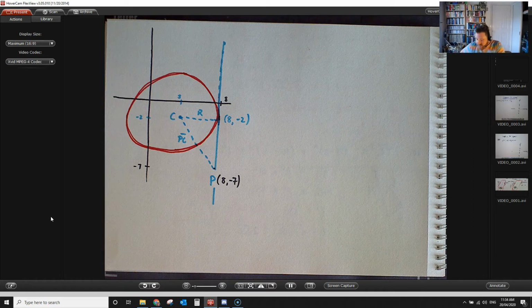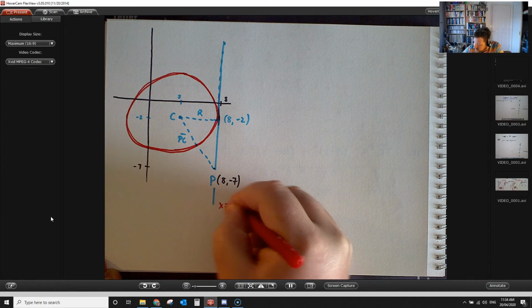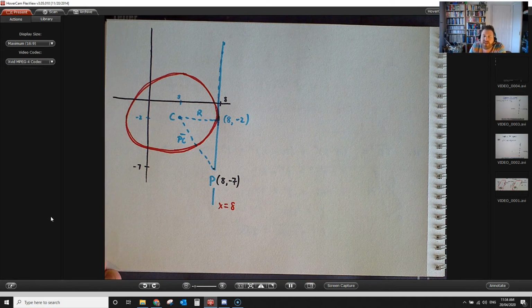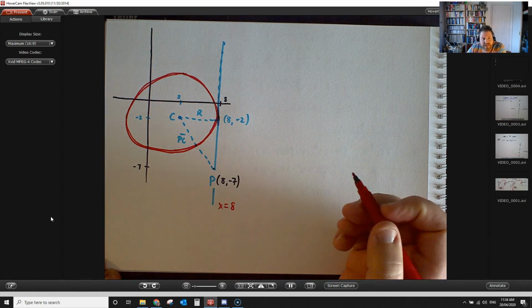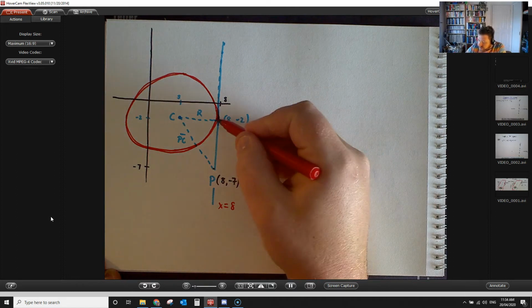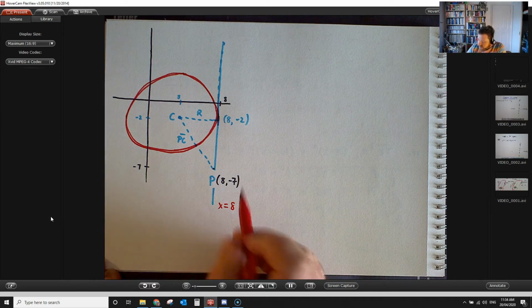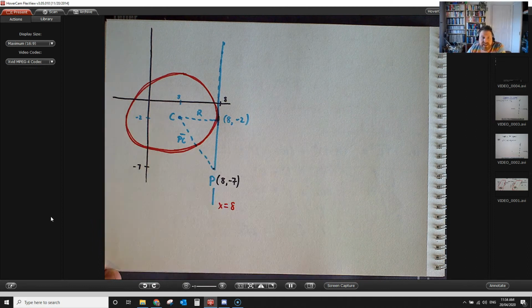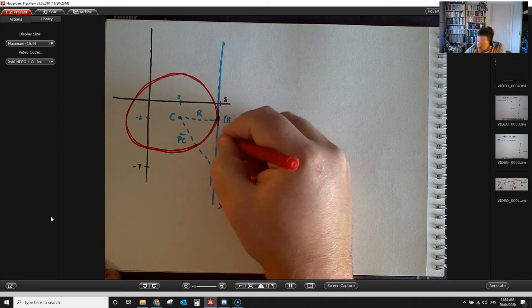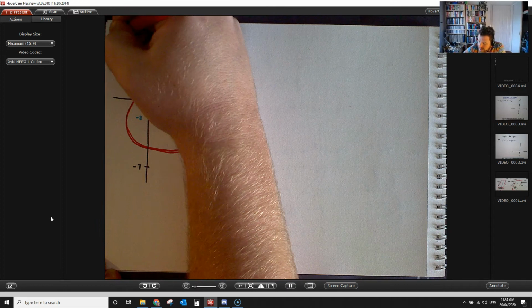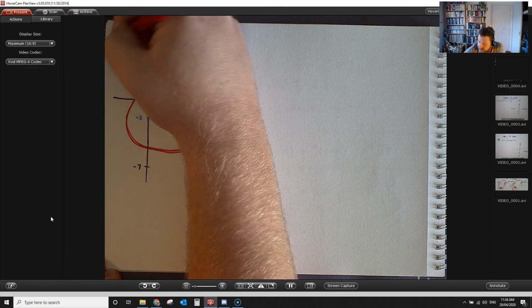So the equation of that line is just going to be x equals 8, and it's a vertical line. And how far is it from P to the intersection point? Well, it's just from -7 to -2, so the distance there is going to be 5. So that's going to be part E, I believe.